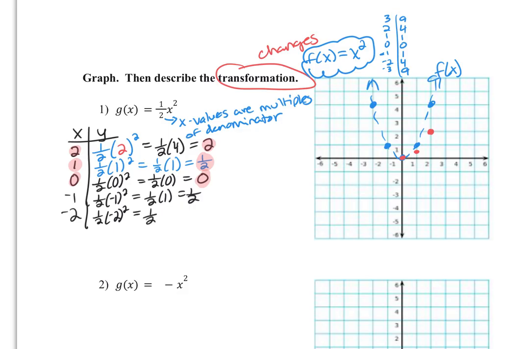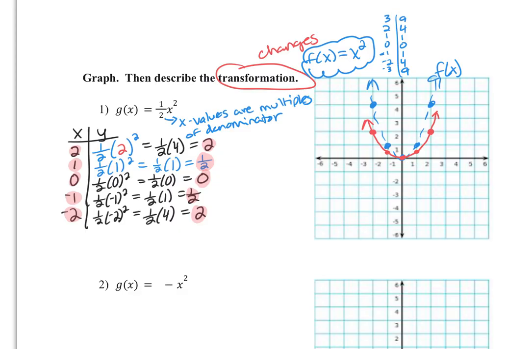And then the one down here, -2 squared gives us a +4, and multiplying by 1/2 gives us +2. So I get my last 2 points, -1, +1/2, -2, +2. And you'll see when we do that, it matches points on both sides, okay?